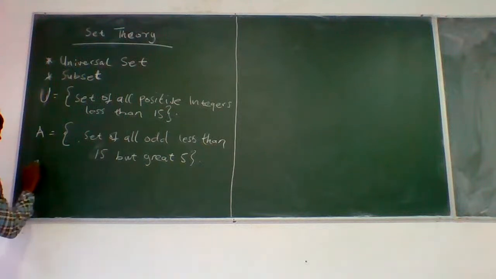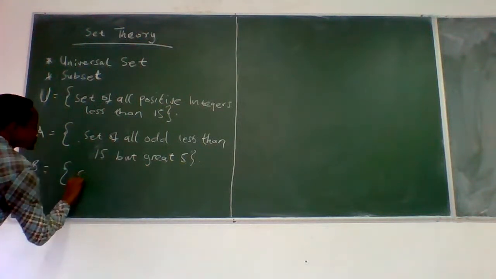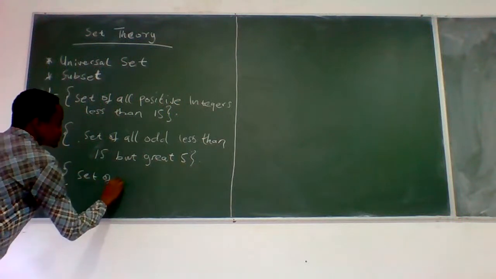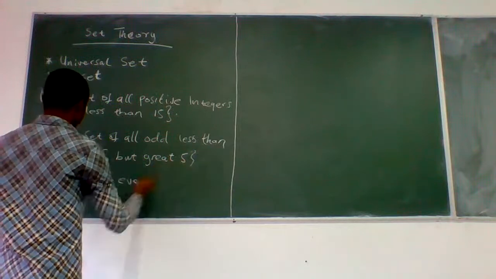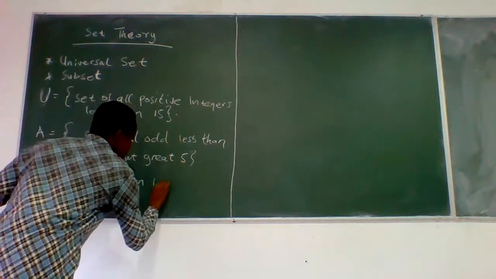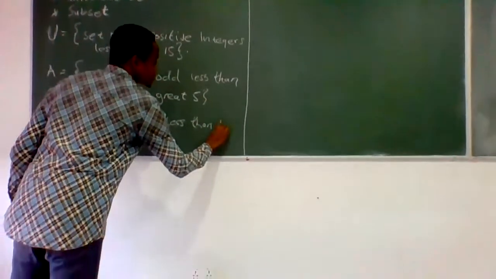And then we have B equal to the set of even numbers less than, let's say, 10.